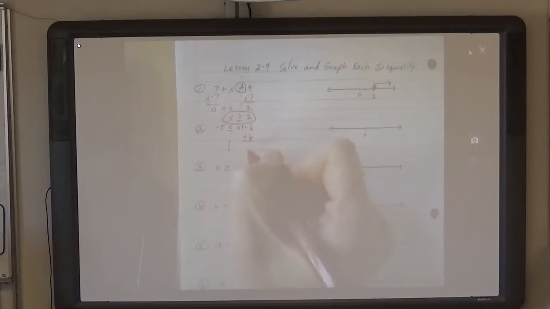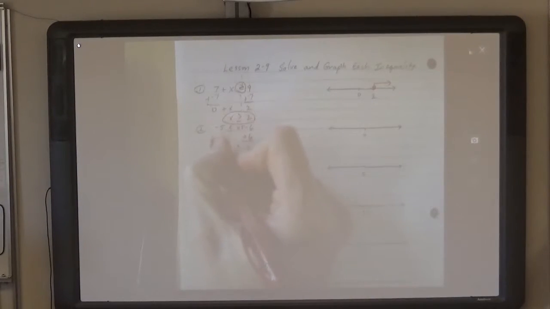Negative 6 plus 6 is 0. That gets x by itself. Then add 6 to the left side. Negative 5 plus 6 is 1. So bring down the solution and bring down the symbol.